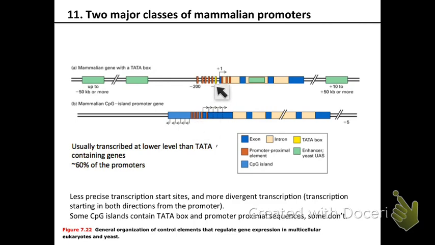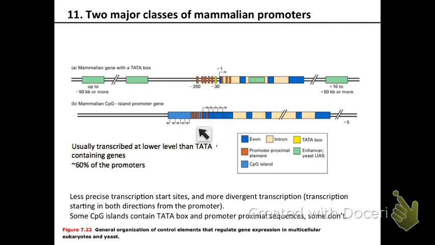They don't contain the exact TATA sequences. And they have less precise transcription initiation. So instead of one site where the transcription initiates, you can have multiple nucleotides where the transcription initiates.